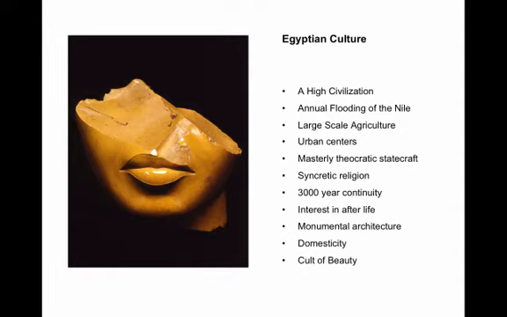Masterly theocratic statecraft, syncretic religion, 3,000-year continuity, interest in the afterlife, mummies. The thing is, many civilizations practice this. We have Incan mummies. So it's not unique to the Egyptians, but it was characteristic of the Egyptians. Monumental architecture and domesticity and a cult of beauty.